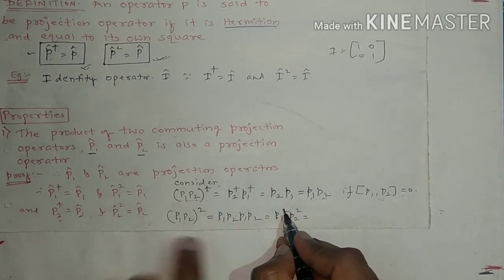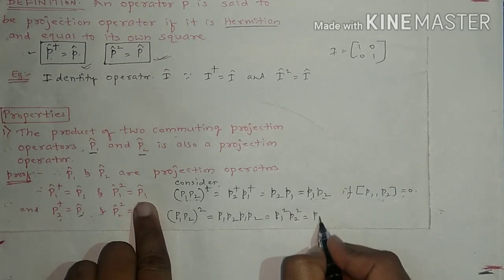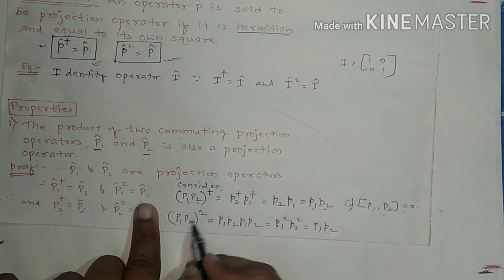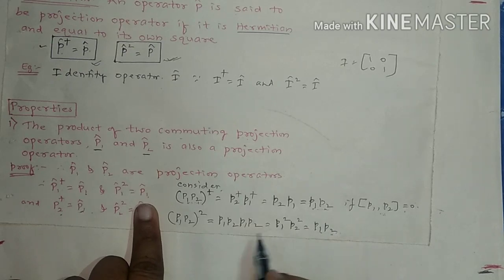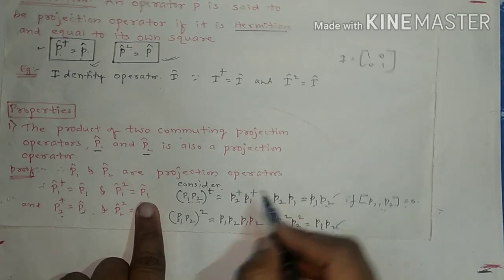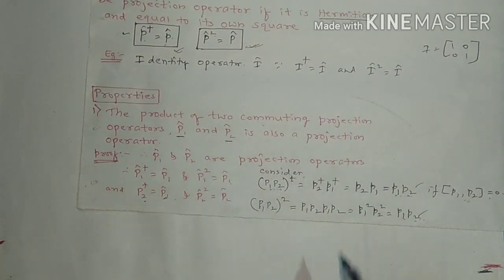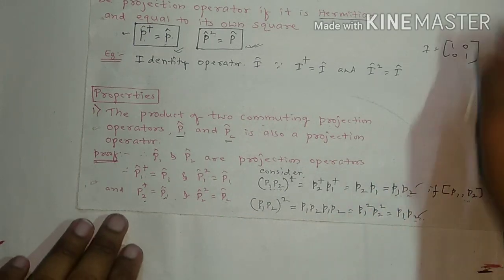P1 is a projection operator, so P1 square will be P1. P2 square will be again P2. See it, P1 P2 square is equal to P1 P2. So this is following the basic definition of projection operator. So both the properties are proved. Therefore the product of two commuting projection operators P1 and P2 is also a projection operator.